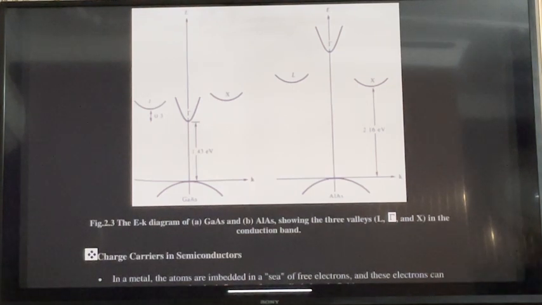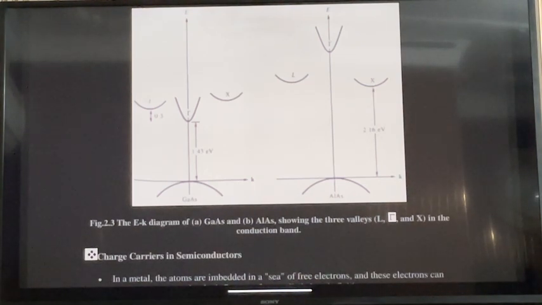Then we learned that electrons can jump between the conduction and valence band on being applied a particular potential difference. And we also learned that when electrons jump, they either absorb energy if they're moving to the conduction band, or they give out energy if they're moving to the valence band. This energy, we learned, can either be light or maybe heat, depending on whether they are direct or indirect semiconductors.